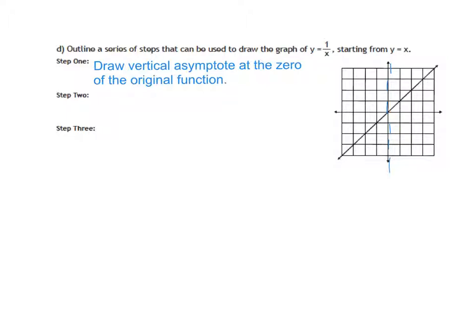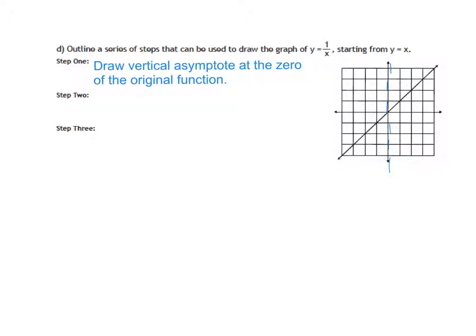And then we're going to look for invariant points. If you think about what a reciprocal is, you take a number and you flip it over. What number is the same when you flip it over? So if we start with 2, we flip that over and we get 1 over 2. That's not the same, right? 2 goes to 1 over 2. But what number, if you did that, would not change? 1. When you flip it over, it's 1 over 1. It's still 1.